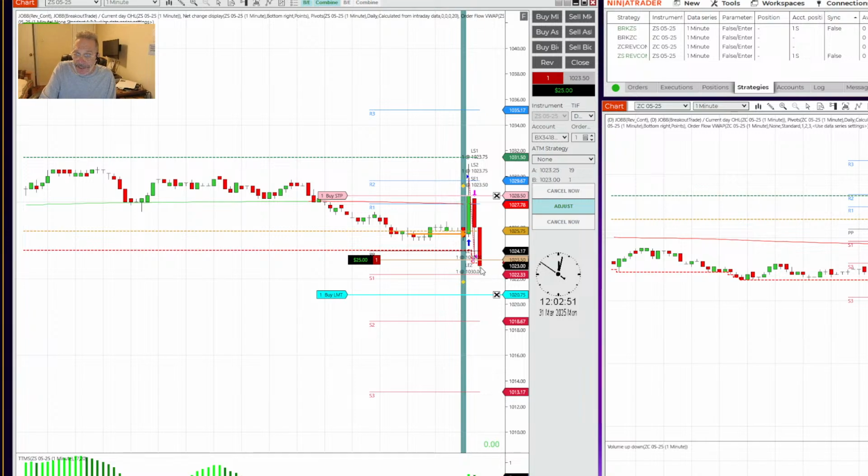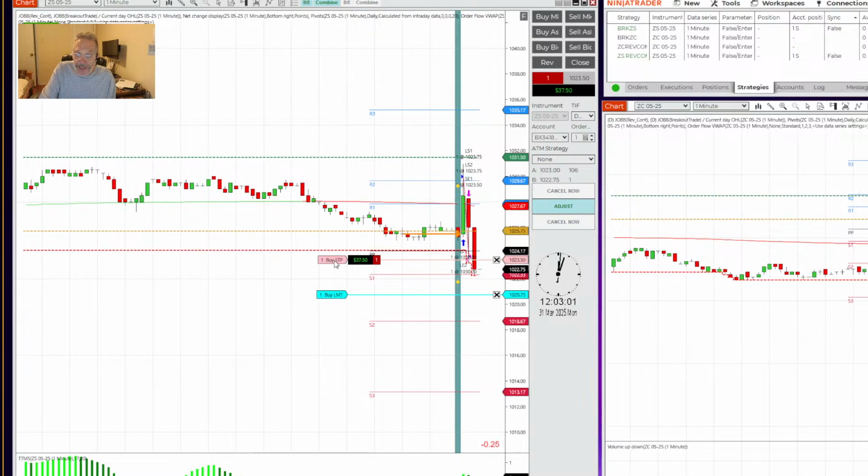There's only one tick of profit here. Two ticks, it's just not enough. Two ticks, three ticks, four ticks. Putting my stop at break even. It's just not moving very well. So just got a few dollars back.